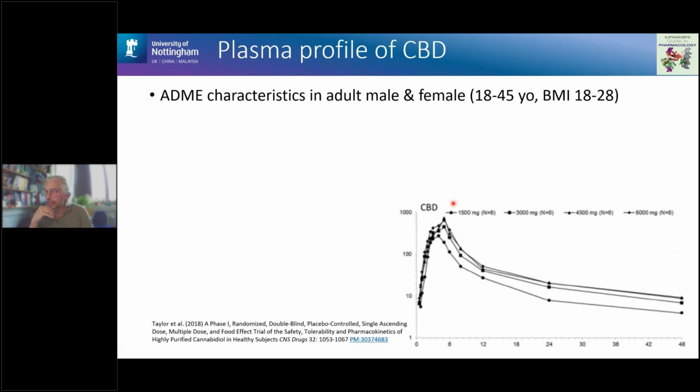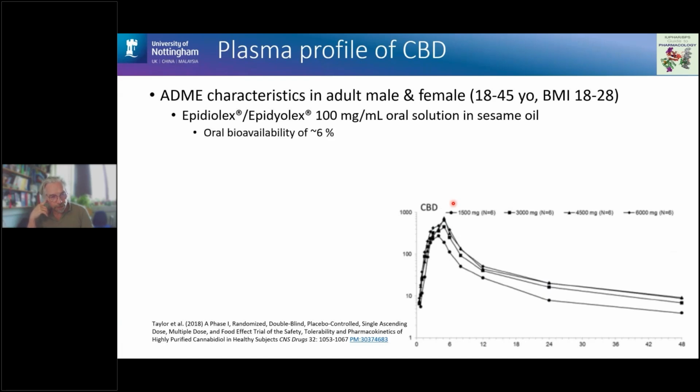So this is looking at a group of healthy male and female subjects, 18 to 45-year-olds, and looking at a single oral administration of 4 different doses of CBD, quite high doses in comparison to what we would think of as being the sort of stuff that's available on the high street, but to show the pharmacokinetic parameters. So this is equivalent to the clinical preparation Epidiolex, which is a solution in sesame oil.